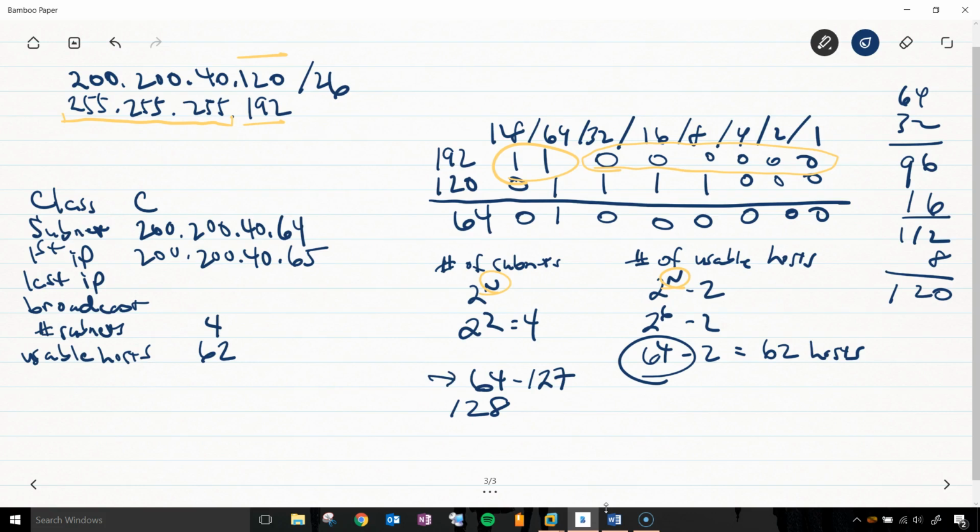And so we know it ends at 127 with the broadcast. So 200.200.40.127. And the last IP being 200.200.40.126.